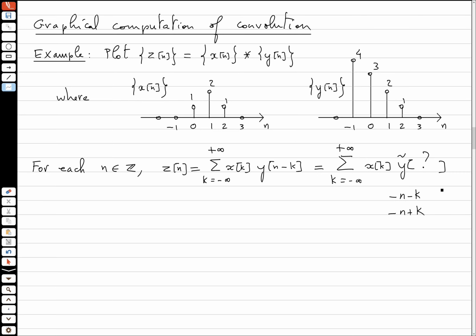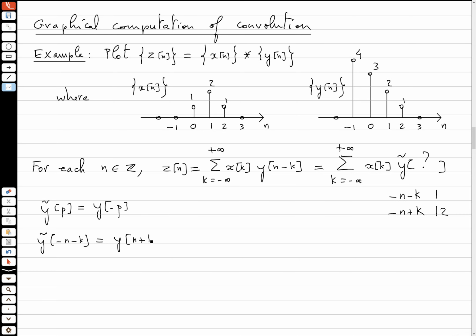Okay, let's vote between this. How many of you vote the first one is correct? How many of you vote the second one is correct? You know that y tilde of p is y of minus p, right? So if you write y tilde of minus n minus k, what do you get?